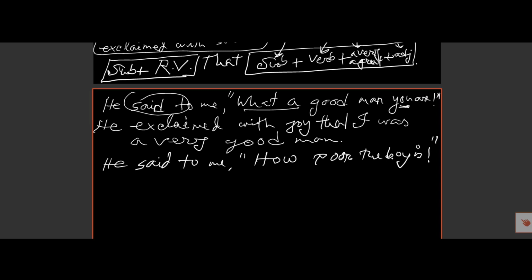It is also direct narration, and now the reported speech is in the exclamatory form. The reported speech begins with "how," and it expresses how poor, so it expresses sorrowfulness. Then the reporting verb will be changed into exclaimed with sorrow.